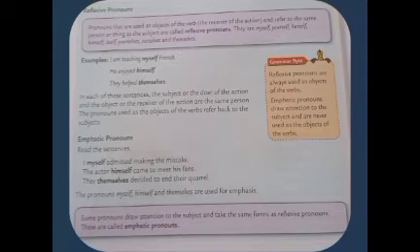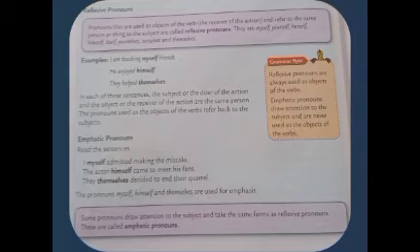I'm giving some examples. The dog looked at itself in the mirror and growled angrily. So the dog looked, and after the dog, itself did not come. So here it is a reflexive pronoun.